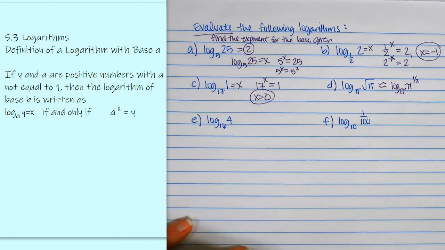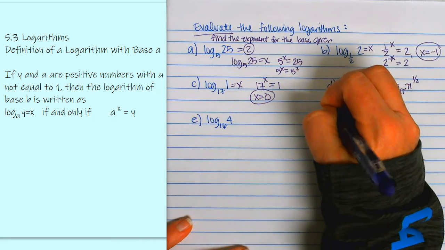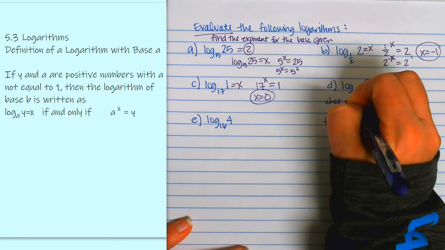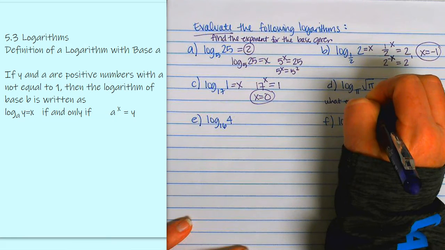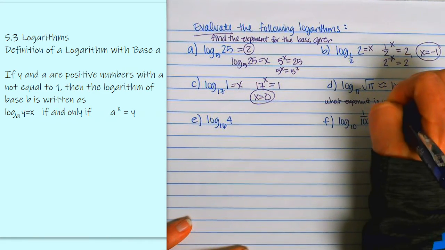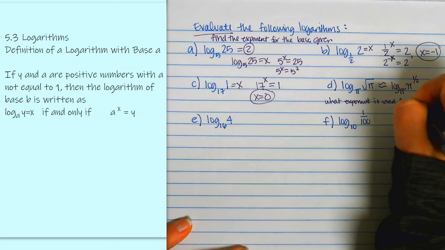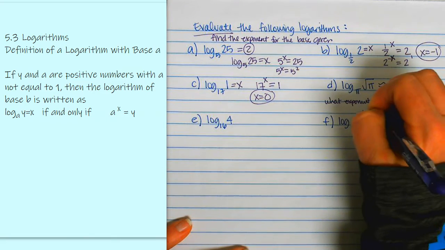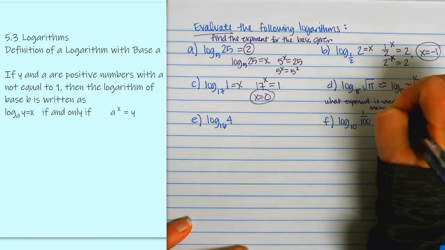How else could you think about it? I like to ask myself this question: what exponent is used for pi to make pi to the 1/2?